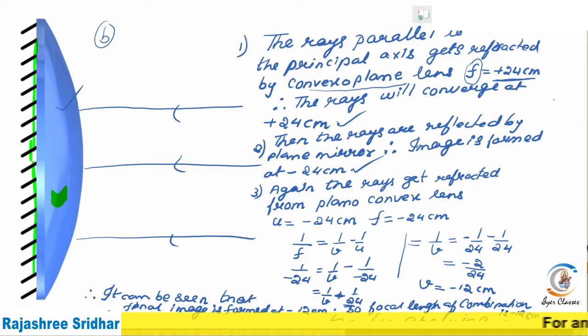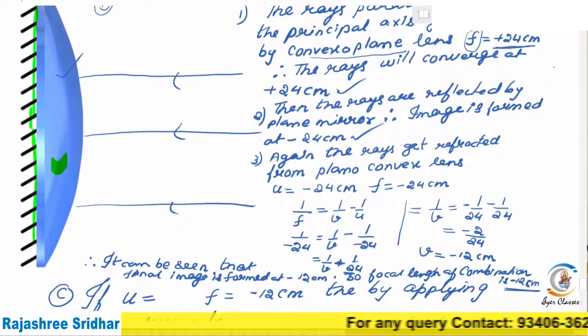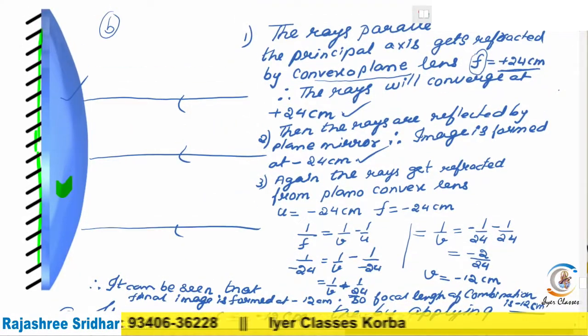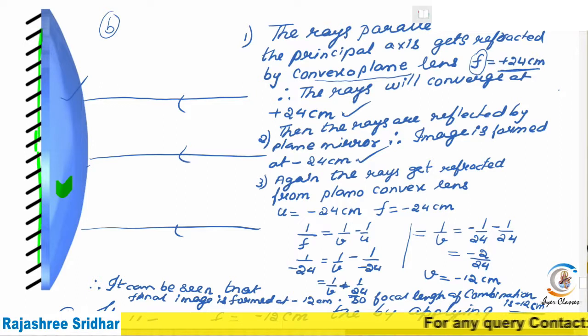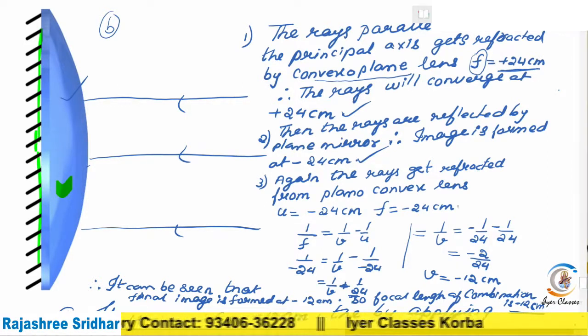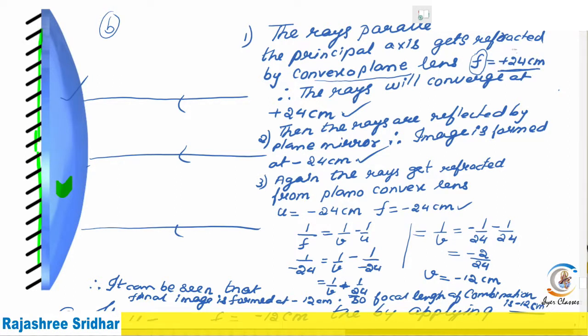Now, the third part: the rays are again refracted from a plano-convex lens, right. The first is a convexo-plane, the second is a mirror, and the third is a plano-convex. We know that the focal length of the plano-convex is minus 24, whereas in the case of the convexo-plane it was plus 24.